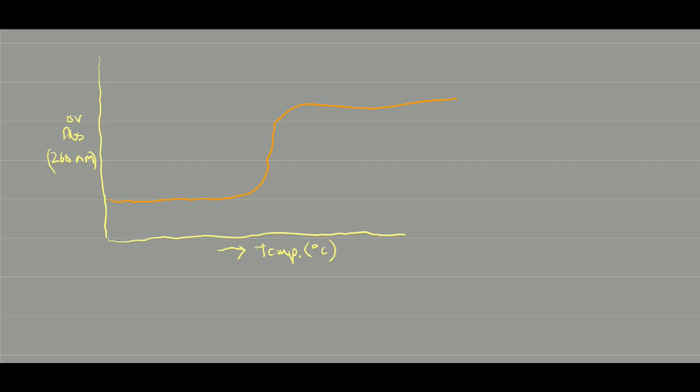And this basically represents a transition between 2 states of the DNA. And we call this the melting temperature.